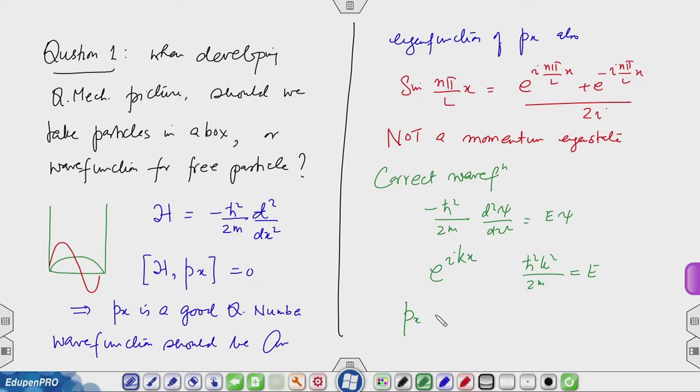Notice that p_x e^{ikx} is equal to ħk e^{ikx}. So, it is an eigenfunction of p_x also.